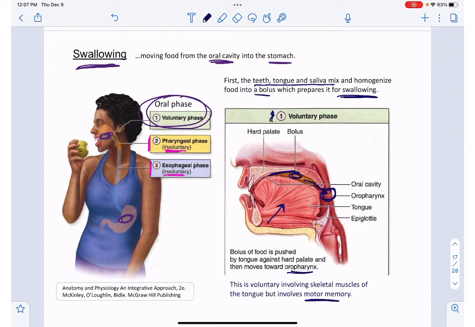So the tongue is made up of skeletal muscles inside the tongue and outside of the tongue, so it's all voluntary. But again, when you decide to swallow, all of those specific actions where the tongue is going to push that food bolus up and back into the back of the throat, that's a lot of motor memory. You're not thinking about all the different skeletal muscle contractions that go into that. It's something that you've learned over time.